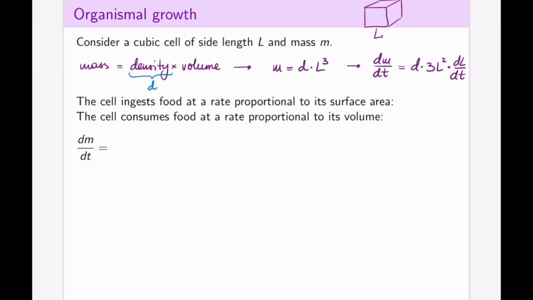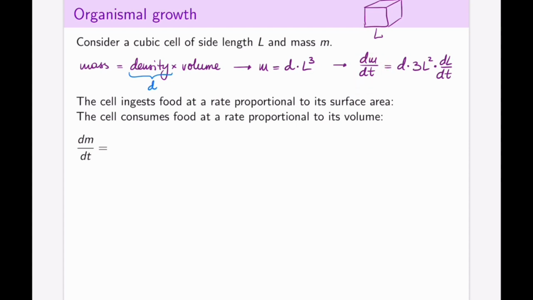I don't know it explicitly, but I don't have to. I will simply think of it as an expression of the rate of change of the side length with respect to time. Now, what I'm actually going to do is derive the expression for dm by dt, the change in mass with time, in a different way.